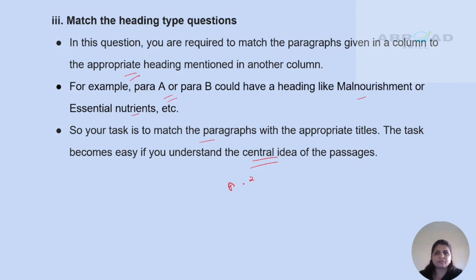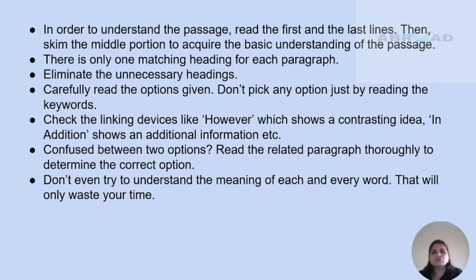All right. Now here you need to first understand the passage, and read the first and the last lines of the paragraph. As I mentioned, the entire passage will be divided into small paragraphs like A, B, C, D, E. Once you start reading paragraph A, it's not that you are reading the entire paragraph.